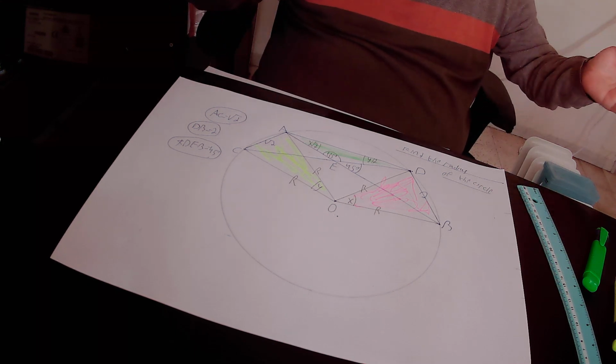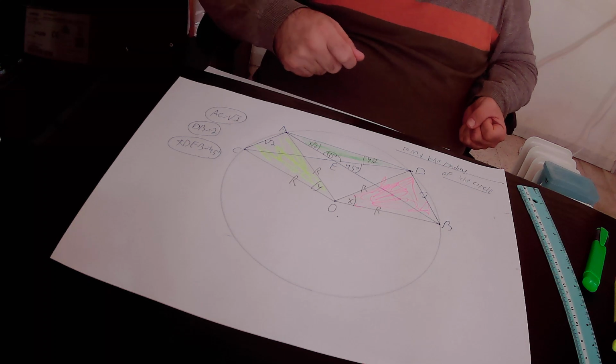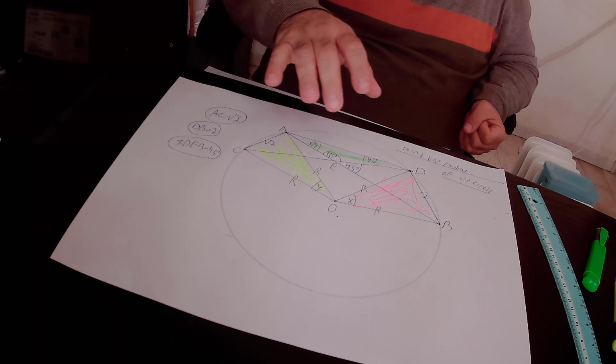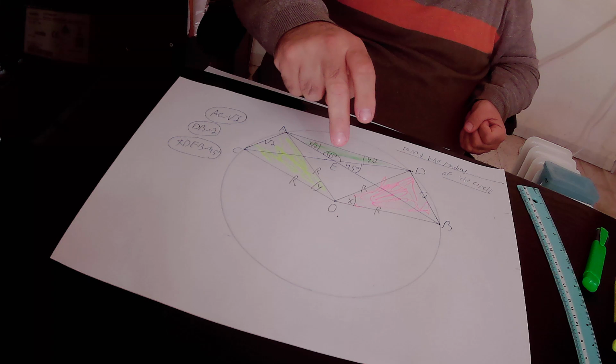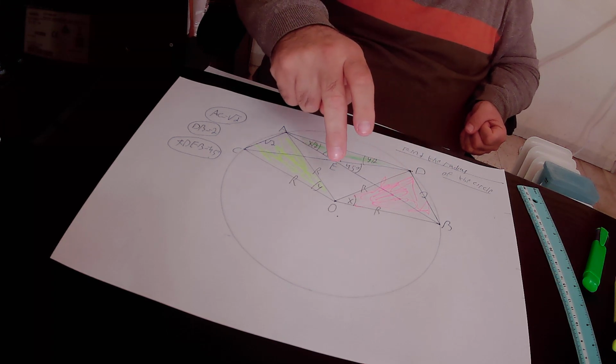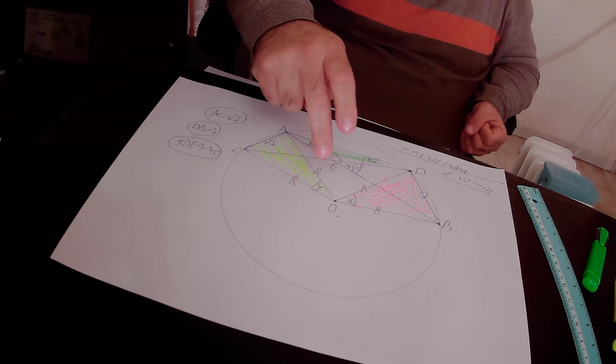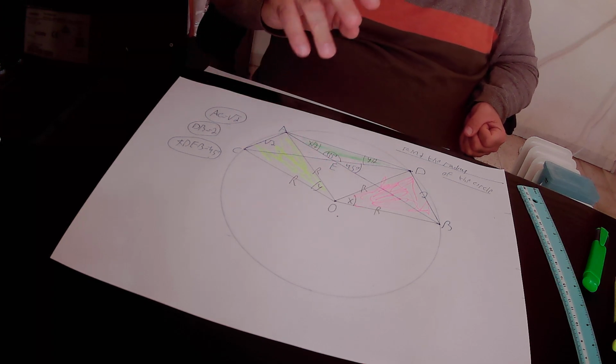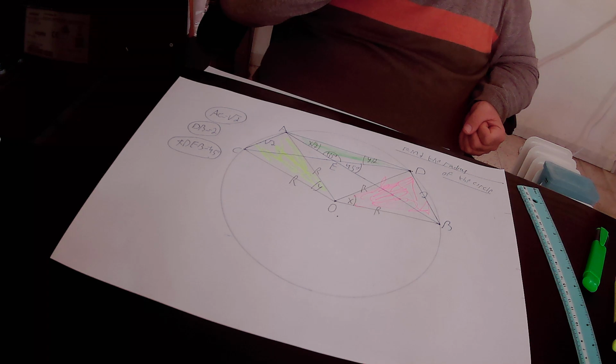This is exactly the definition of a radius. Therefore, they are all the radii of the circle. That is to say, the radius of the circle is R according to our definition. So OB equals OD equals OA equals OC equals R. That is the radius of the circle.